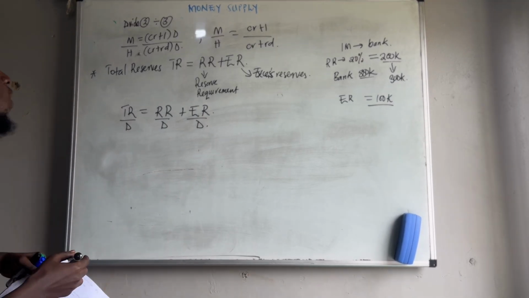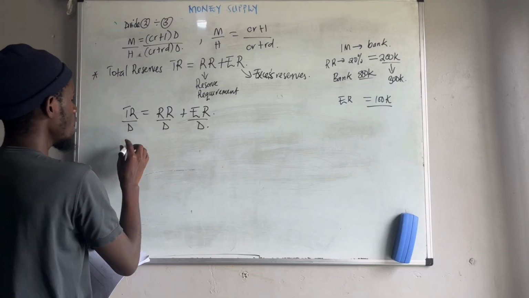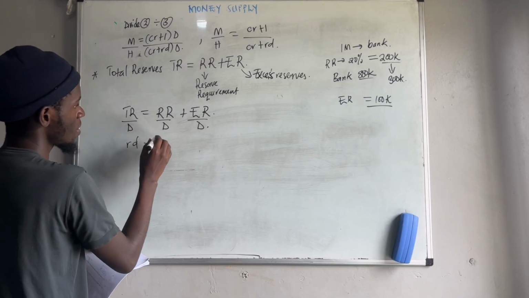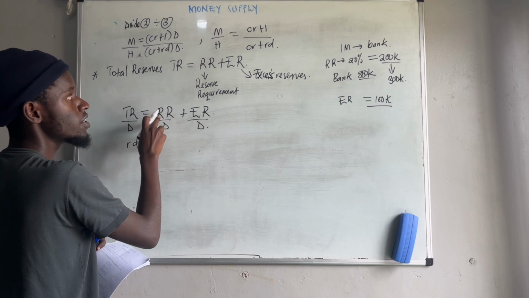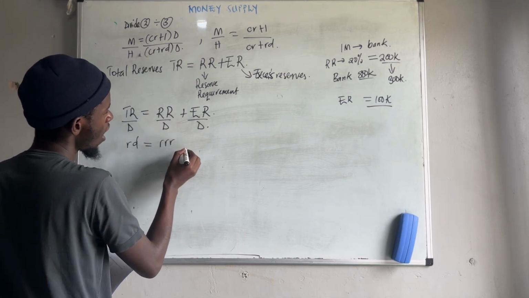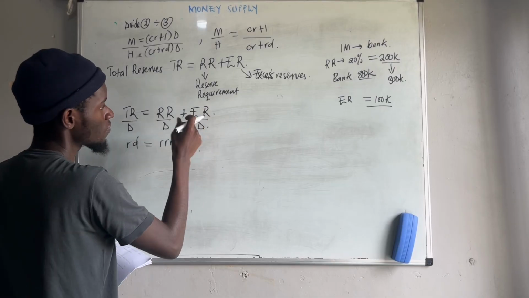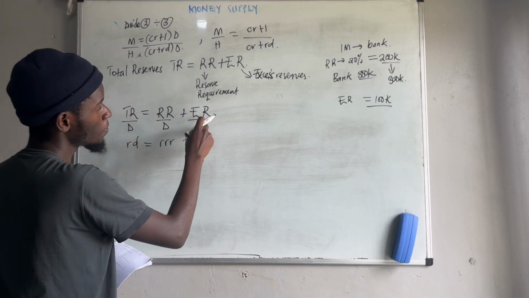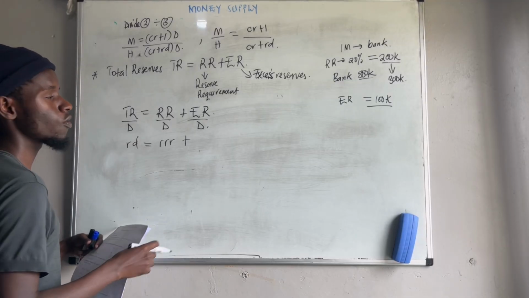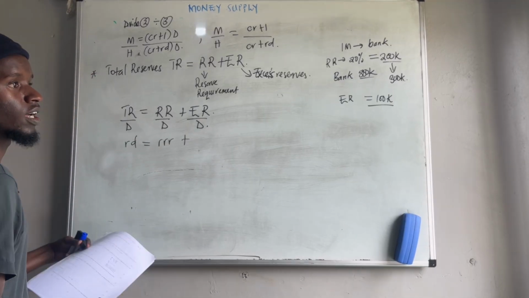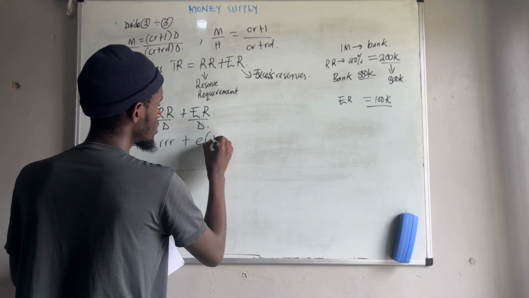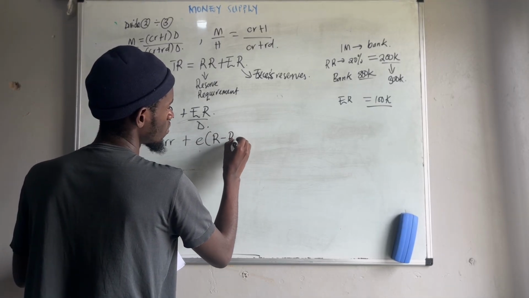Therefore, RD will be the same as having the reserve requirement deposit ratio, R, plus the excess reserve deposit ratio, which I want to call E, and it's going to be a function of the lending rate minus the reserve rate.